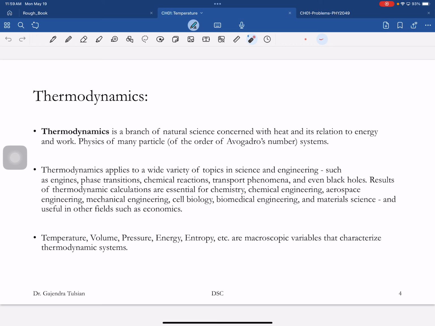One of the questions we'll be interested in is, let's say you burn gasoline inside your car, you release 1,000 joules of heat, how much of that can be converted to motion? You paid money for the gas, right? Not much. Entropy will tell you how much of that can be converted into useful work. So we'll be interested in answering questions like that.